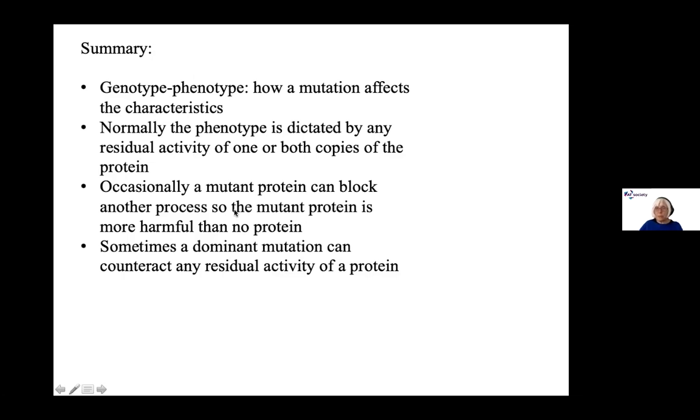Occasionally, a mutant protein can block another process, so you can be slightly worse off than if you had no protein. And sometimes you can have something called a dominant negative mutation that can counteract any residual activity of the good protein. And that is not something that you want.